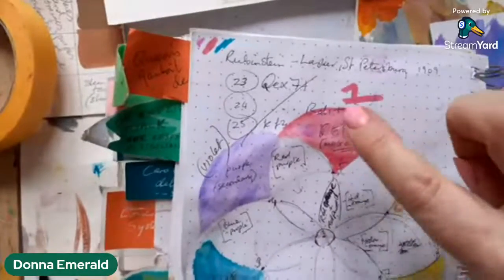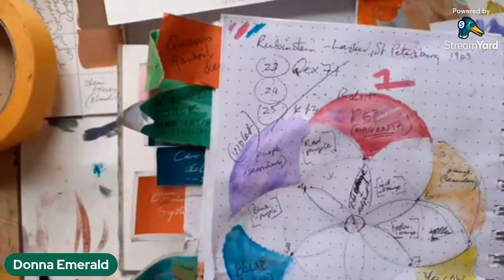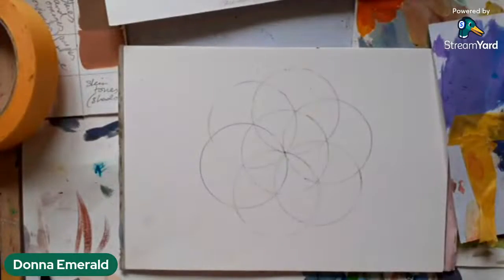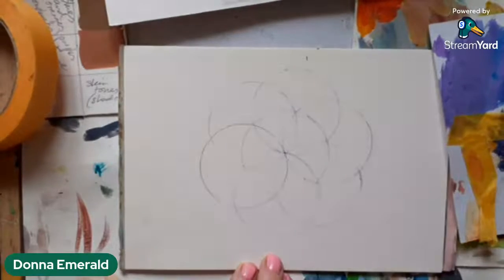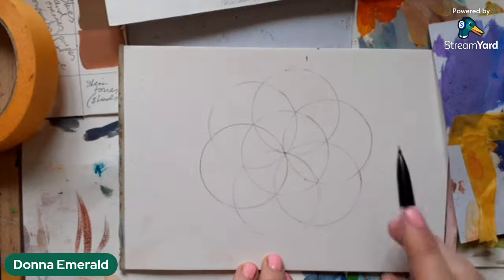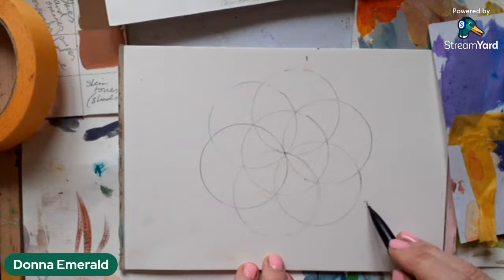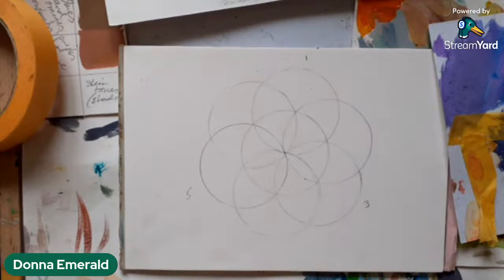So we're looking at the first circle, the third circle, and the 5th circle. 1, 3, and 5, the way we were doing before, okay? And it's going to be a yellow, red, blue. But we're going to make it a bit different this time. So circle number 1, 3, and 5 are the ones we're going to be working. Now, finally, we can get the paint out.